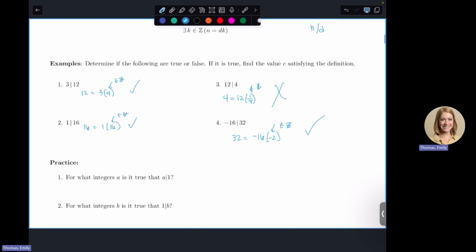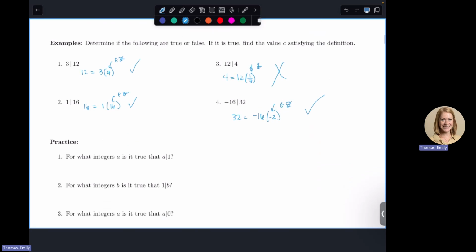Okay, so let's practice some more with some abstractness added to it. Instead of having 2 numbers, now we're going to have 1. For what integers is it true that a divides 1? 1 and also negative 1 would work. We write 1 is equal to a times something. If a was 1, we make this 1, and if a is negative 1, we make this negative 1.